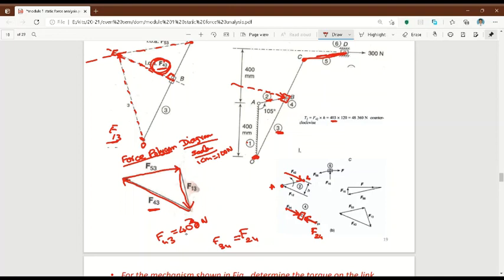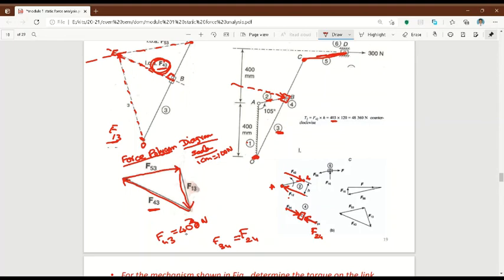Similarly, on the opposite side, on point A, F12 will be there. So we know the value. If F42 is 403, F12 is also 403, because there is no other force on this link.